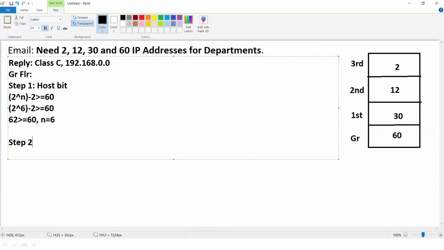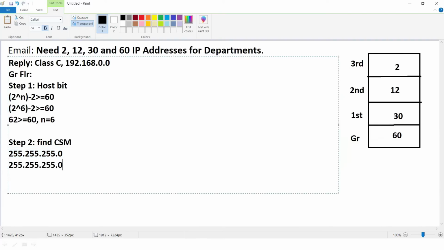Step number 2 is to find the custom subnet mask. The default subnet mask is 255.255.255.0. Now extend this subnet mask in the last octet with 8 bits, because all the bits are zeros. According to the rule, the last 6 bits represent the host bits and the remaining 2 represent the network bits. Now do the same changes in the example.